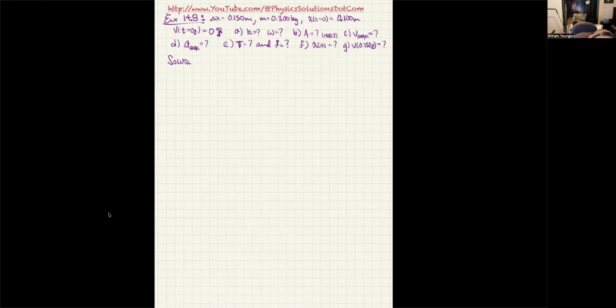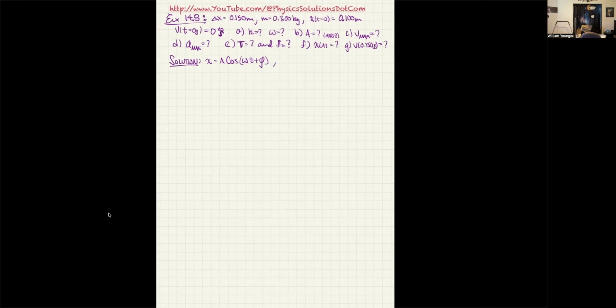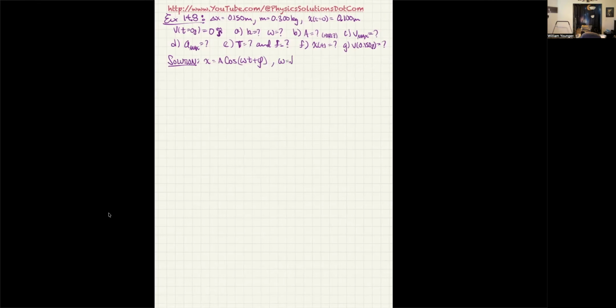So solution, what we need to know here is x is equal to A cosine of omega t plus phi. We also need to know that omega is equal to the square root of k over m. We also need to know omega is equal to 2 pi f.